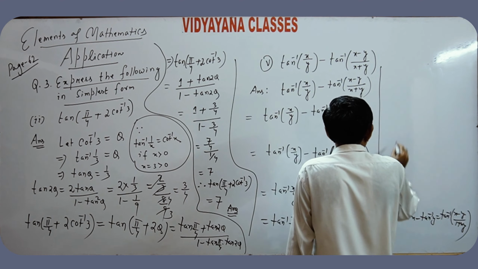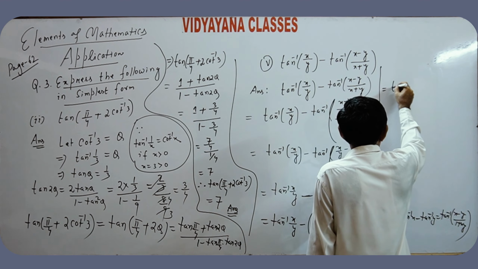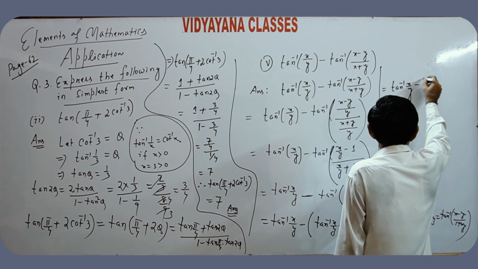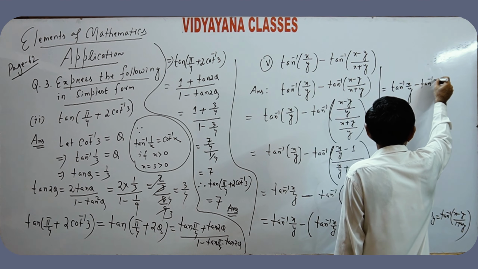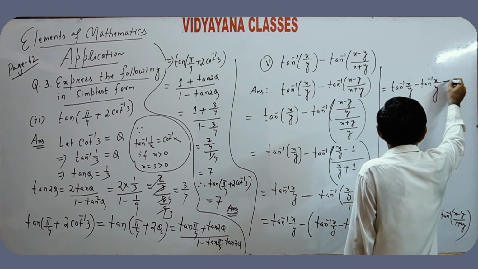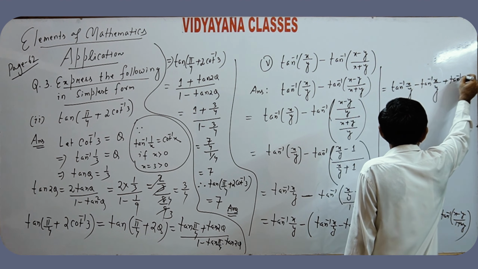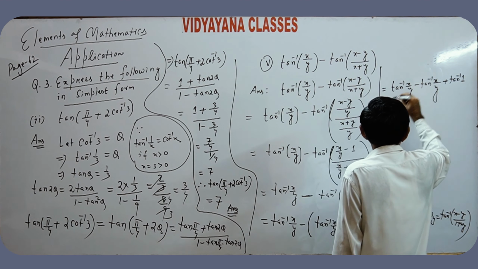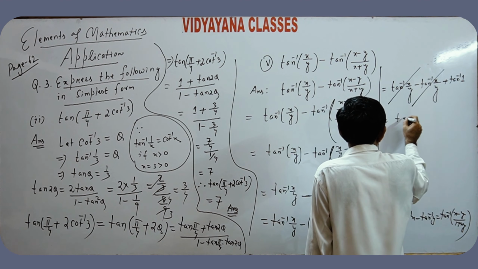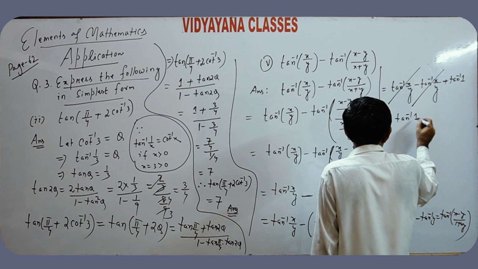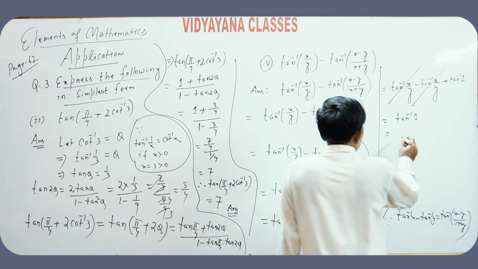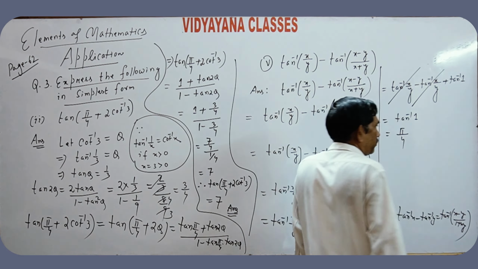Which is same as tan inverse x by y minus tan inverse x by y plus tan inverse 1. Tan inverse x by y, tan inverse x by y cancel. It is a tan inverse 1. Tan inverse 1 is equal to pi by 4.